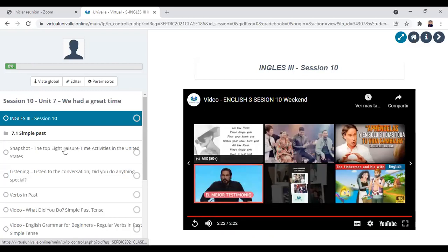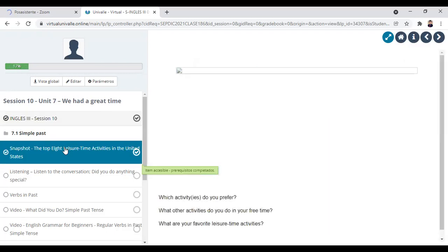Thank you guys for your attention. Today we're going to be covering the simple past, using it as the target language. Here we have a snapshot of the top 8 leisure time activities in the United States. We don't have the image shown very well, so we're going to try to get in touch with the system section of the university.